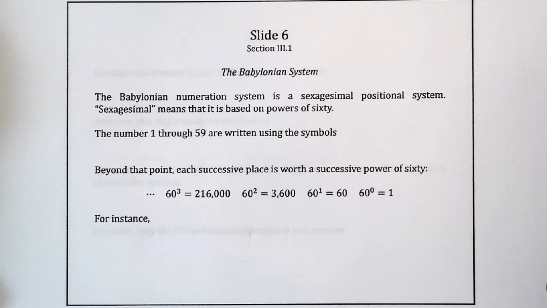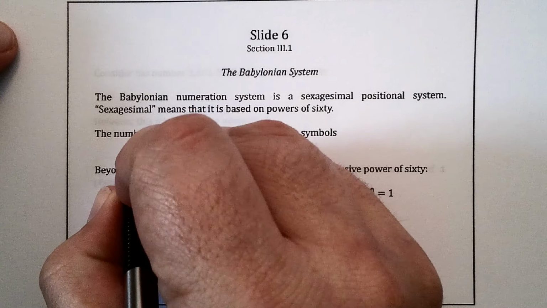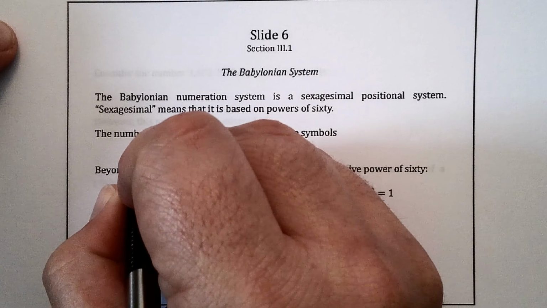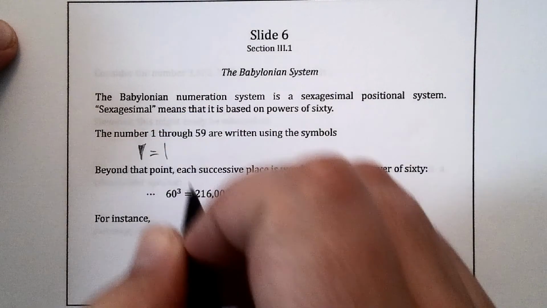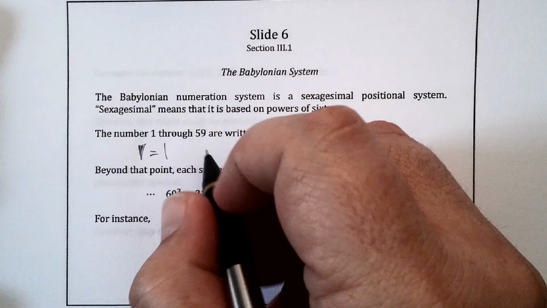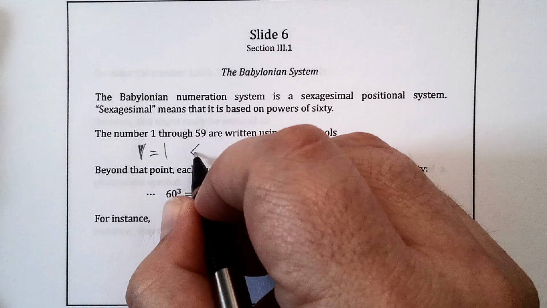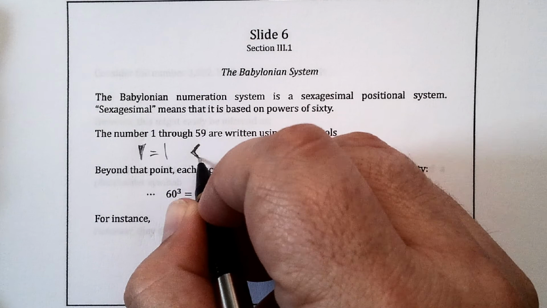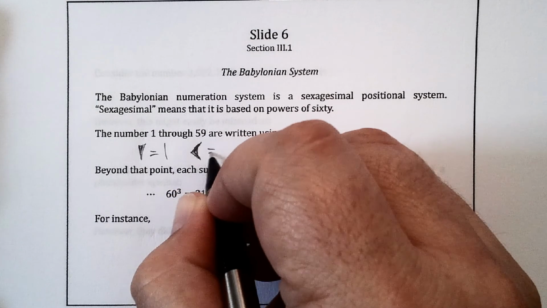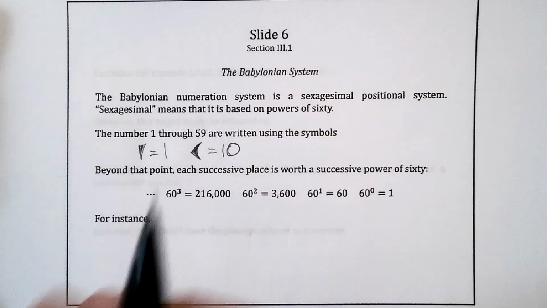So the numbers 1 through 59 are written using the symbols. There's this symbol for 1, a little wedge shape. And this symbol is kind of a boomerang or crescent shape that represented 10 for them.